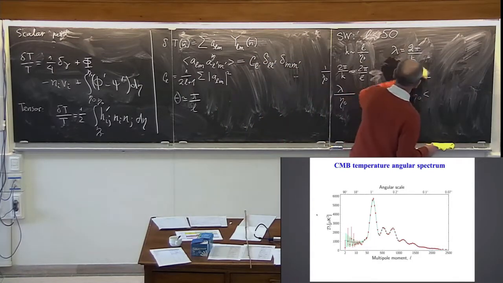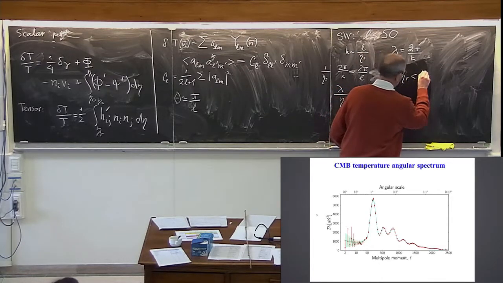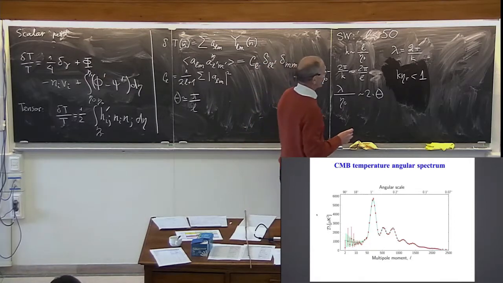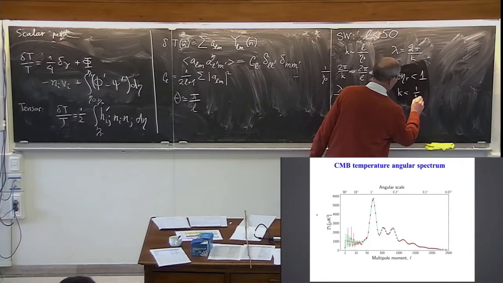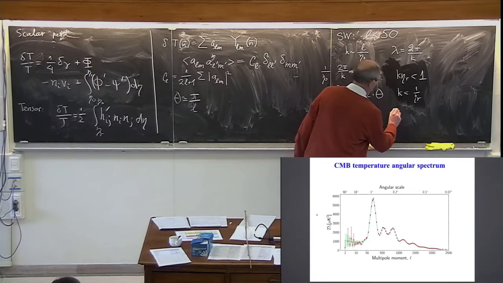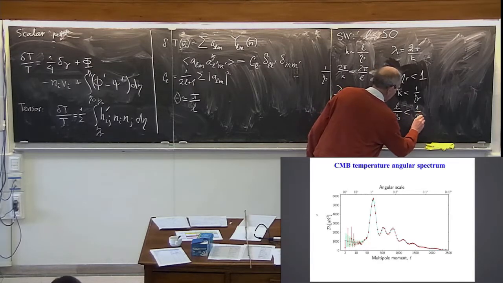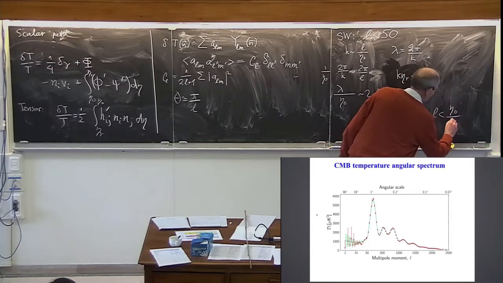Sorry, K eta r is less than 1. That's a correct statement, because then K is less than 1 over eta r, and this says that L over eta naught is less than 1 over eta r, or L less than eta naught over eta r, and this, as we discussed, is about 50.